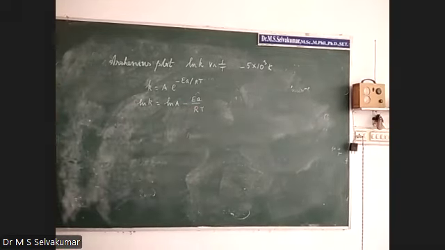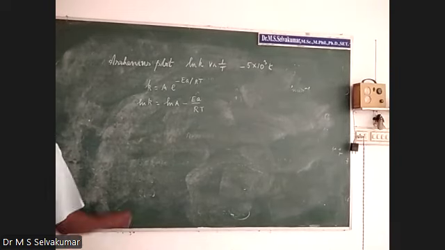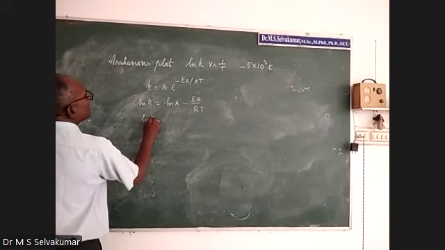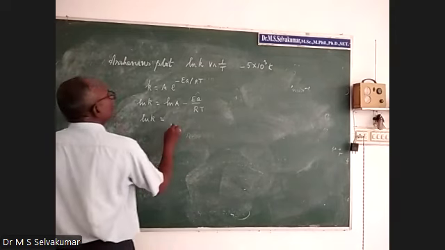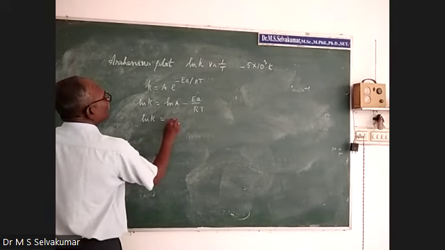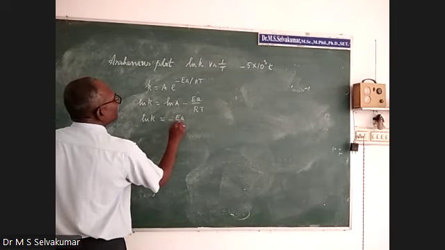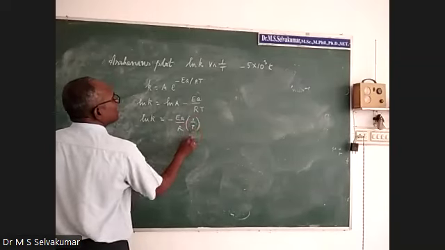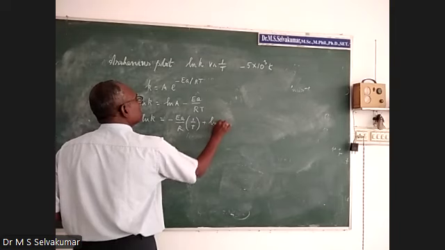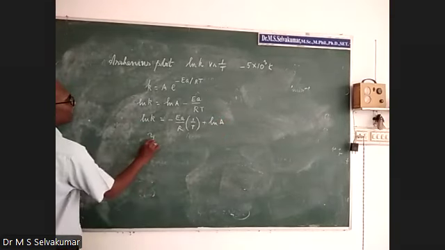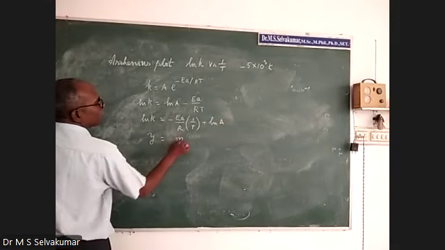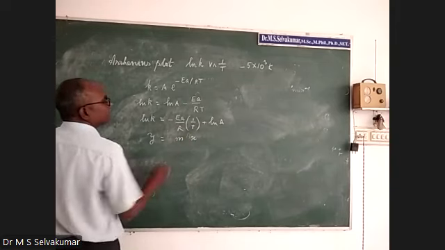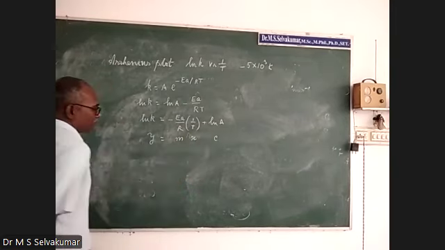When you take the log, ln k is equal to minus Ea by R into 1 by T plus ln A. So this is y, this is m, this is x, this is c.